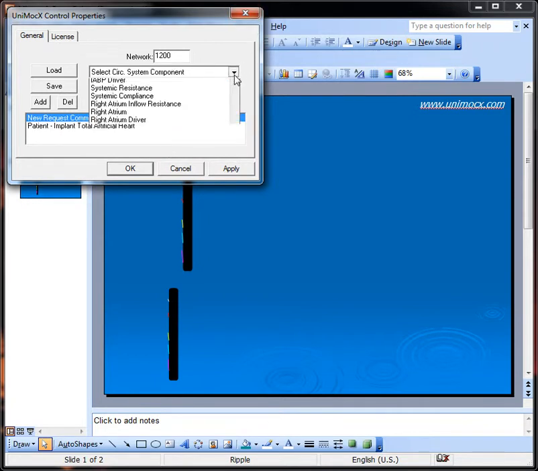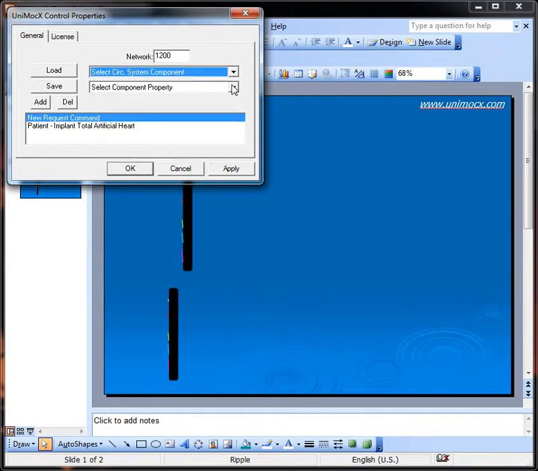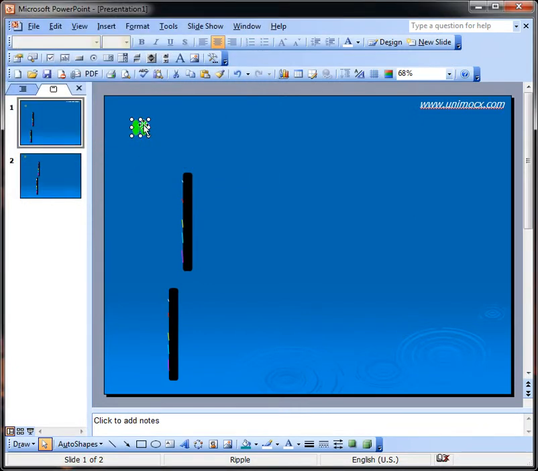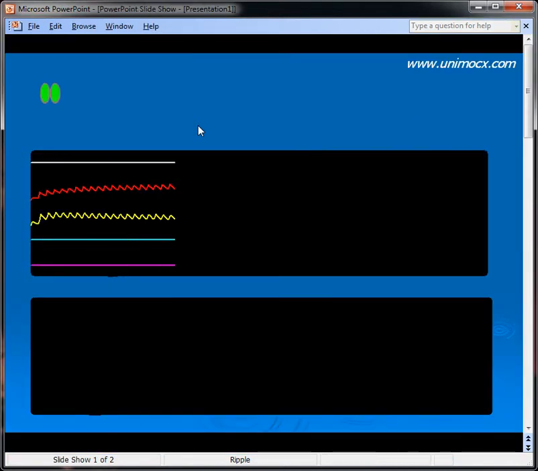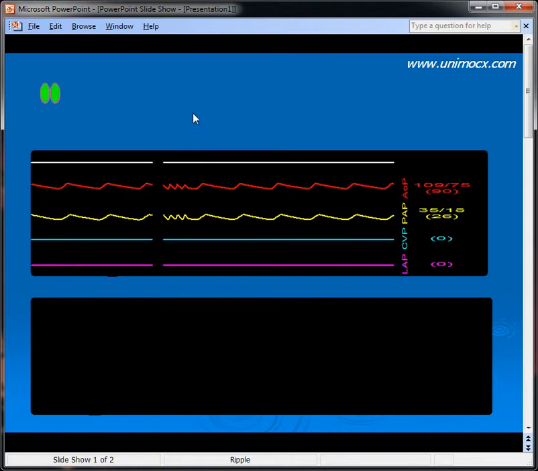And again, all we're doing here is choosing the simulation component that we want to deal with, and then what property of that simulation component we want to do something with. So in this case, we're going to implant a total artificial heart on this particular UniMocX control.